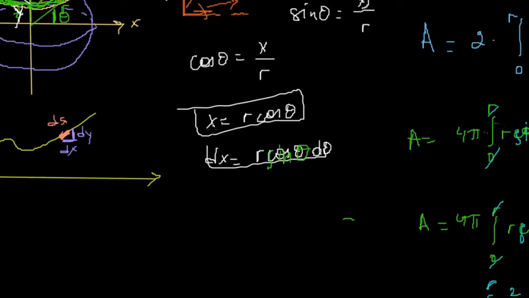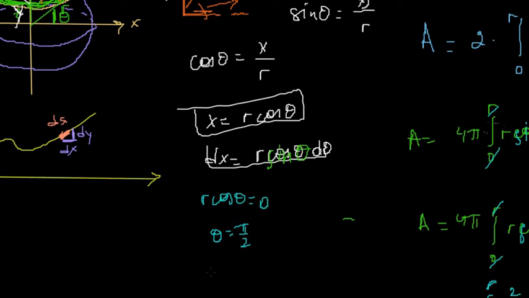So in the first case, r cosine of theta is equal to 0 at theta equal to pi over 2, right?